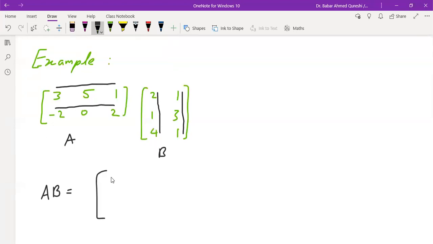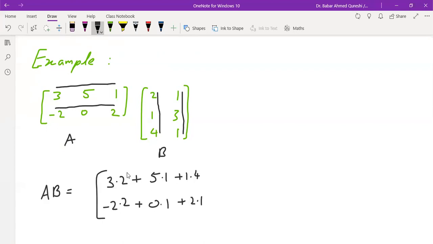So it can be done over here, and you get 3 times 2, that's the dot product multiplication of corresponding components in the same order. So that gives you the first element, and you just get a column back. But the size of the column has changed because you get back as many rows as you had in A. So minus 2 times 2 plus 0 times 1 plus 2 times 1.